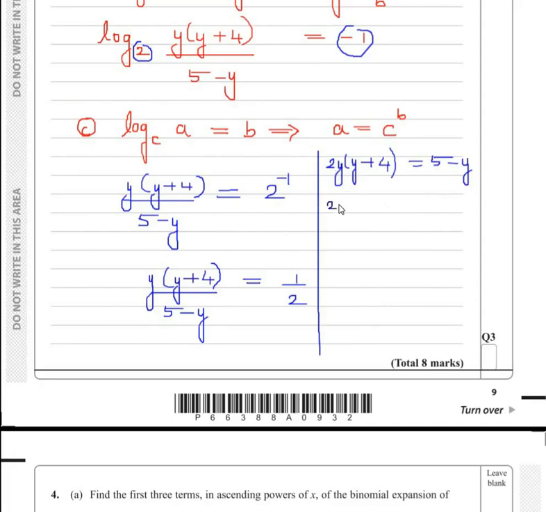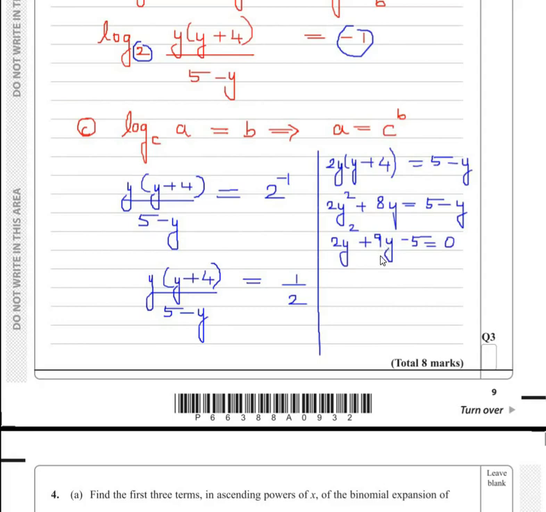Expanding the brackets, you get 2y squared plus 8y equal to y minus 5. So it becomes 2y squared, take the y on one side, plus 9y minus 5 is equal to 0.